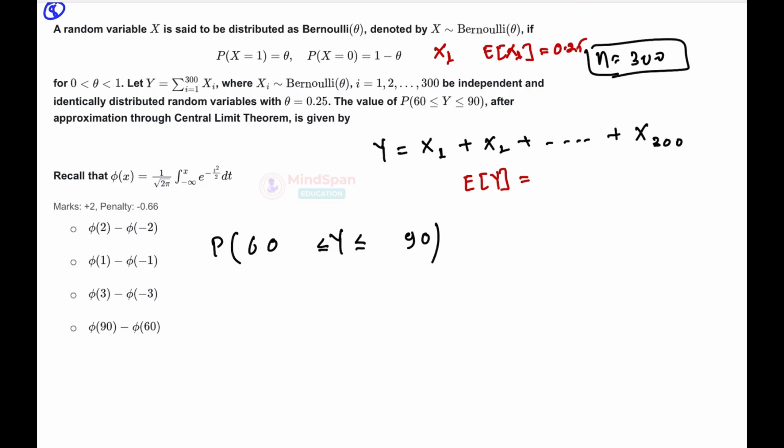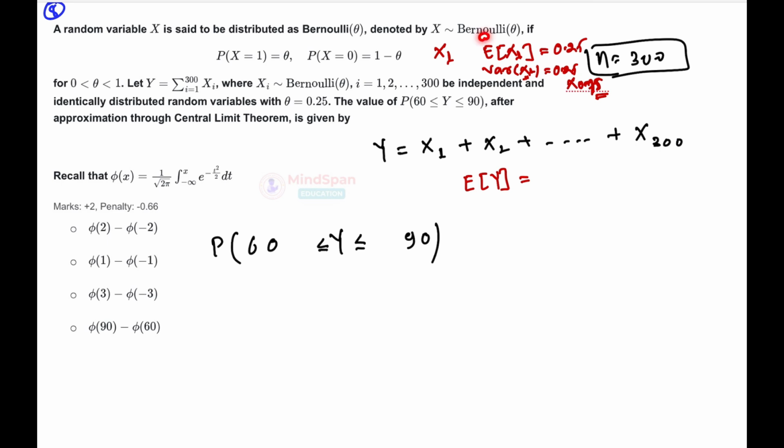And let me also find the variance of this random variable x1. It is Bernoulli distributed, so the variance is success times failure, that is 0.25 times 0.75. This is the variance of a Bernoulli random variable.